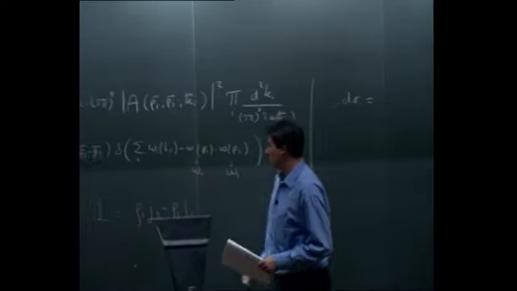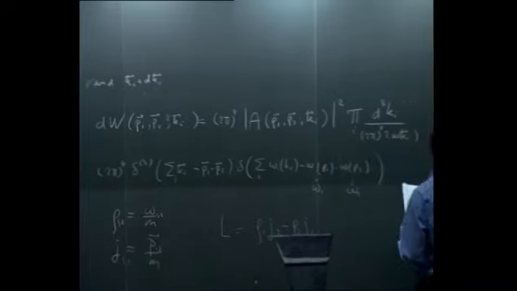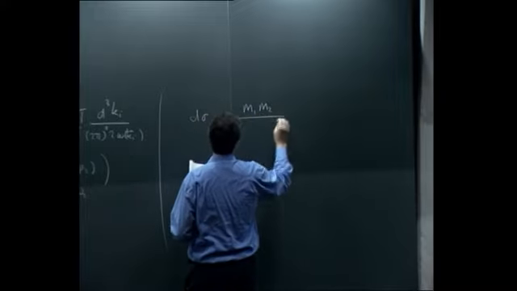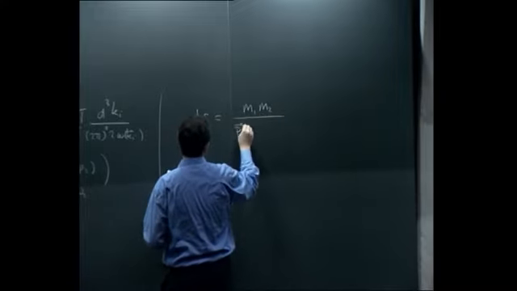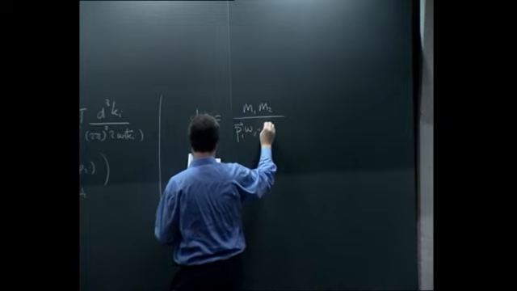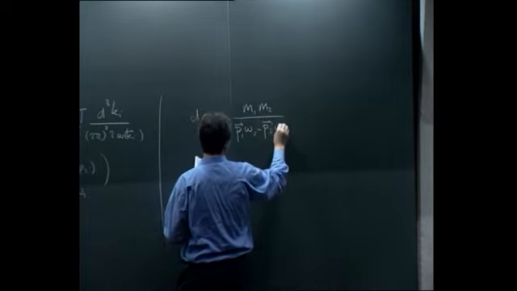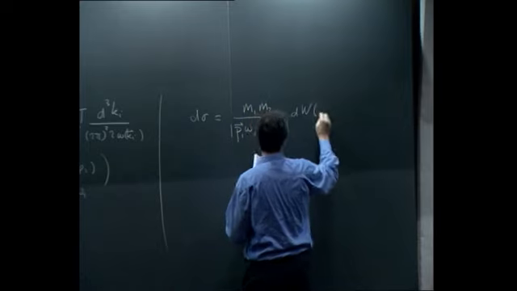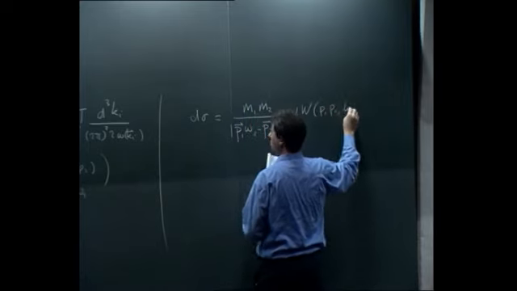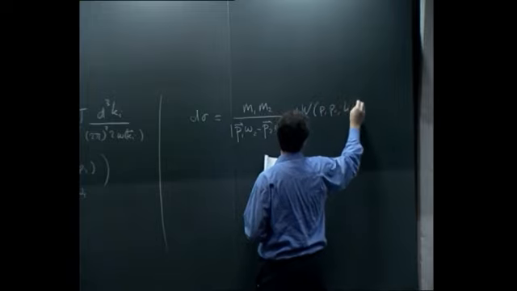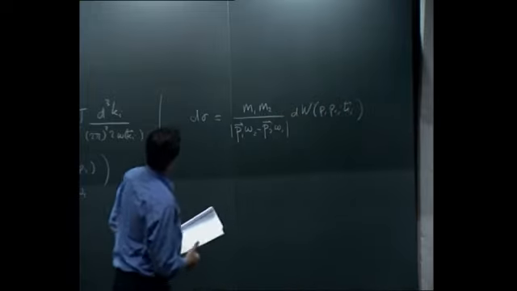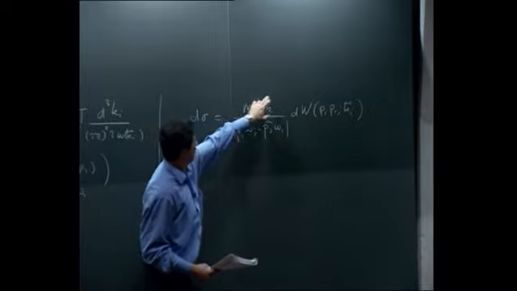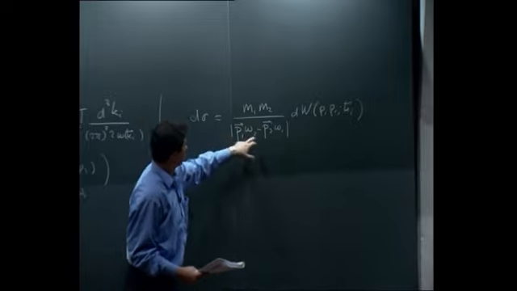Using these results, you find an expression that can be used in the center of mass frame: the cross-section d sigma is equal to dW up to a normalization which involves the energies and momenta.